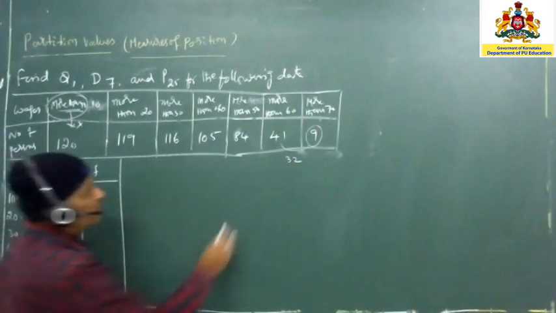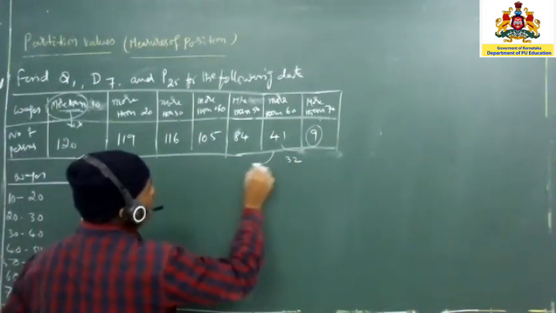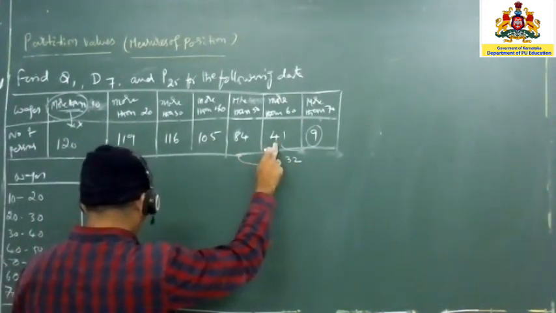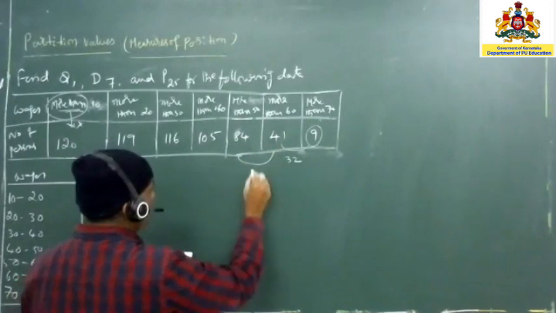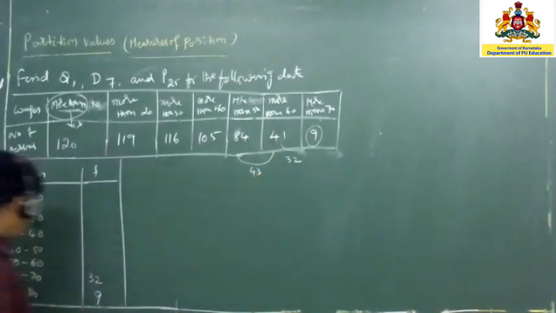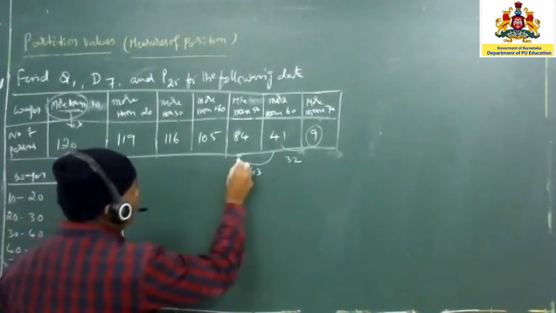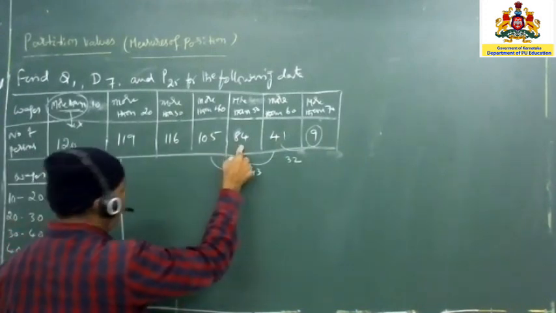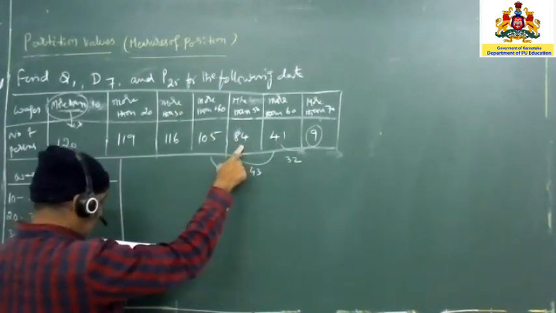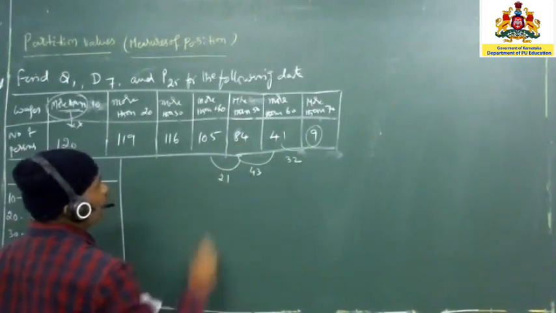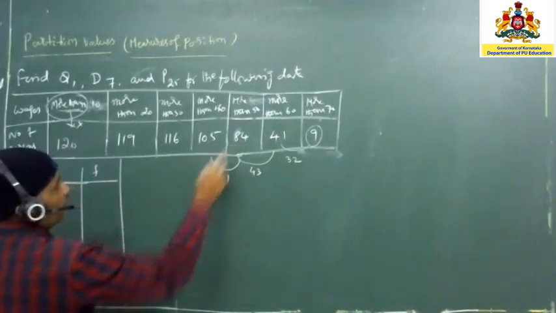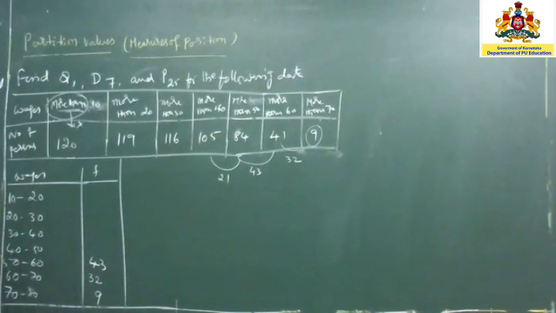Next you have to write 84 minus 41, which is 43, so that 43 you write here. Next is 105 minus 84, that is 21. 5 minus 4 is 1, 10 minus 8 is 2, so 21 you are going to get.